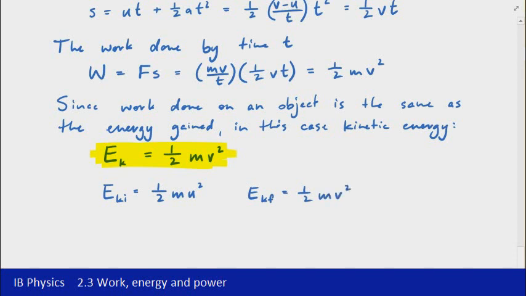So once it accelerates from u to v, we can talk about the change in the kinetic energy, and that will simply be the difference of those two, so half mv squared minus half mu squared, and so we could then express that as half m outside of v squared minus u squared. So one last little thing looking just at the change in energy that can occur there.